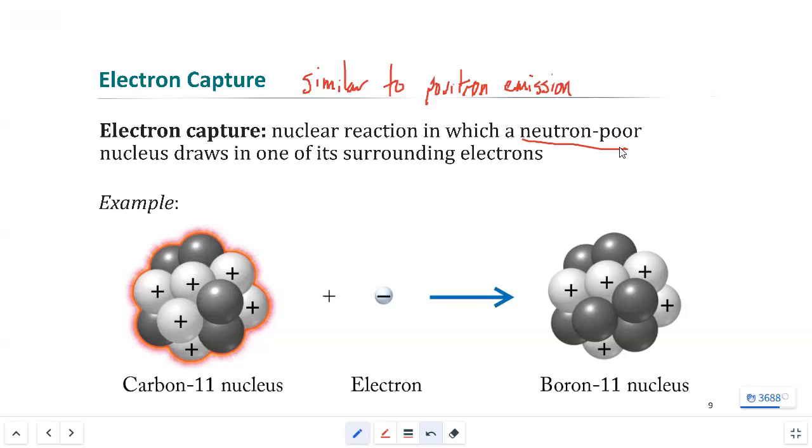The only difference is that instead of a particle being ejected by the nucleus, the proton giving away a positive charge, what we see instead is that this unstable nucleus grabs one of the core electrons, one of those inner energy level electrons, and in that process turns that proton into a neutron.